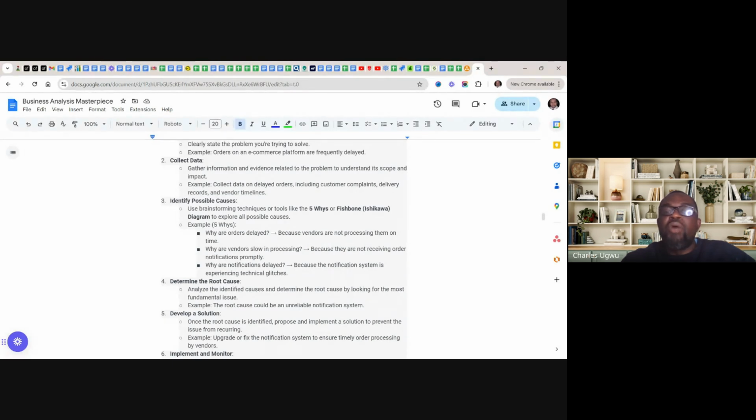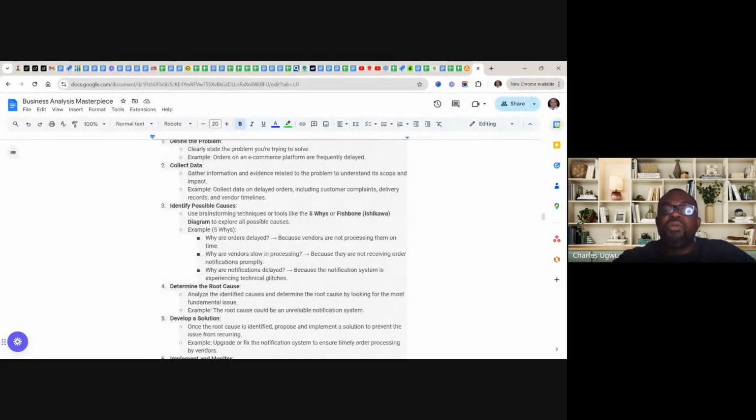That is number one technique. Another one is called fishbone diagram. These are two common tools commonly used during root cause analysis.